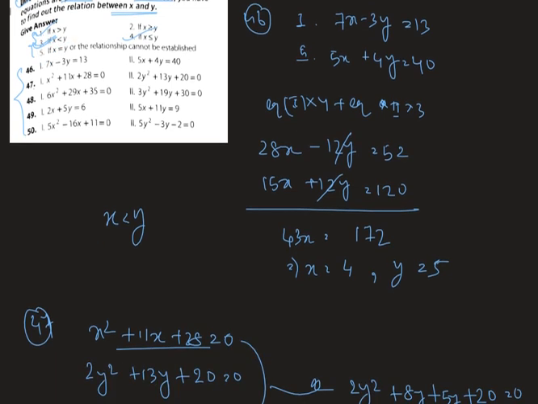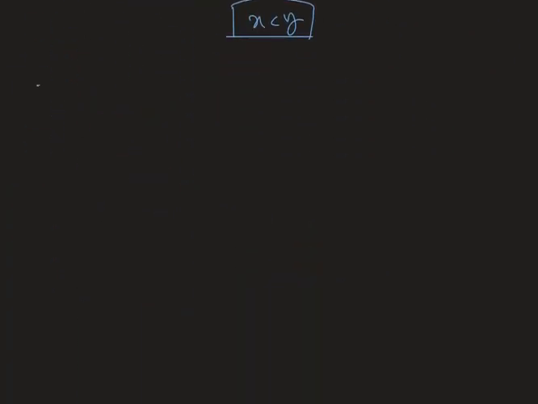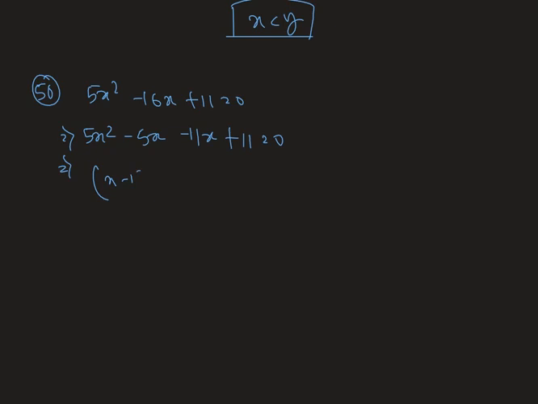Now lastly come to the last one, that is question number 50. Here we have two quadratic equations, 5x square minus 16x plus 11 equals 0. After factorization we get 5x square minus 5x minus 11x plus 11 equals 0. Hence x minus 1 multiplied by 5x minus 11 equals 0. Hence x equals 1 and 11 by 5.